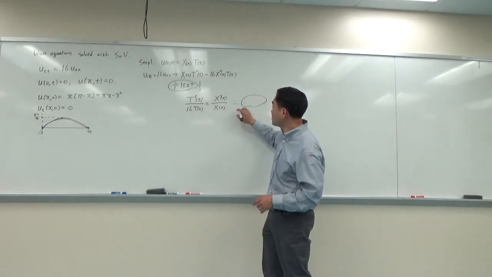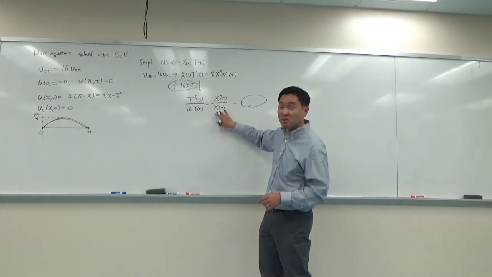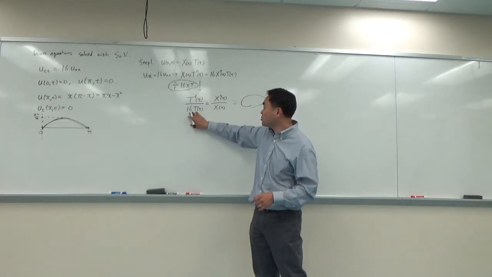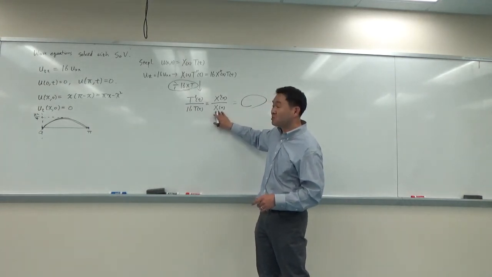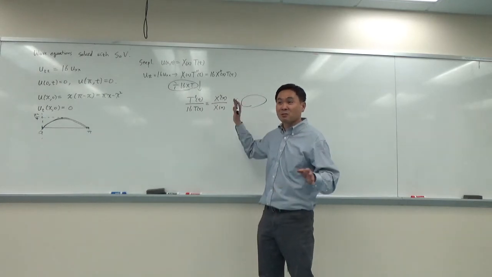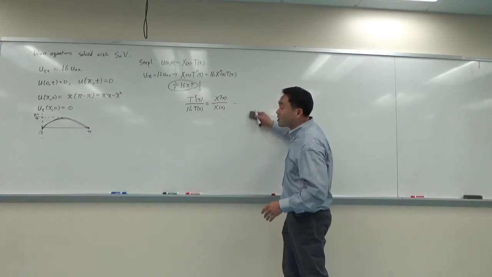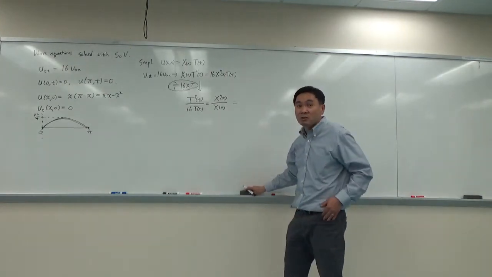If t is present here, then it's going to contradict this case, right? If x is present here, then it's going to contradict it here, because this one says there's no x. This one says there's no t. If there's no x, there's no t, it must be a constant. Yeah. So that's the crucial core argument of the separation of variables method.